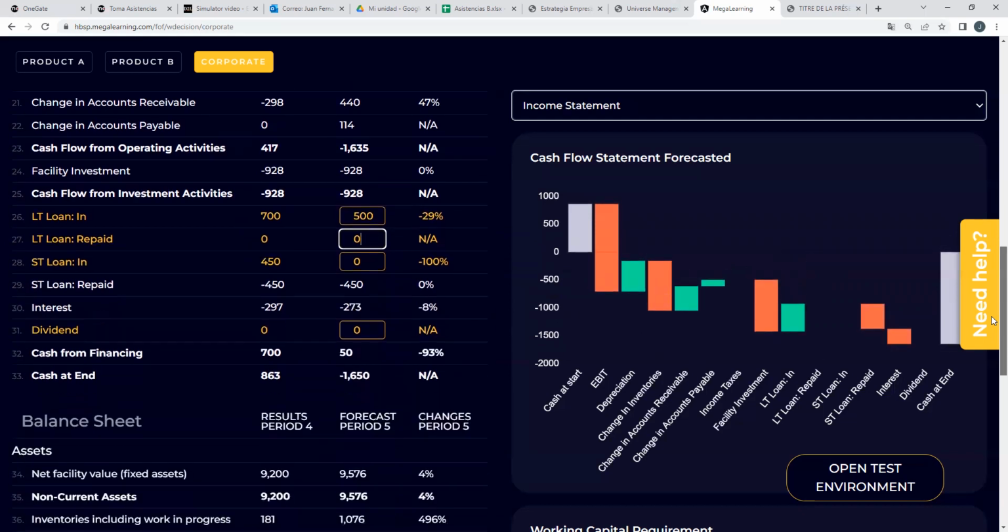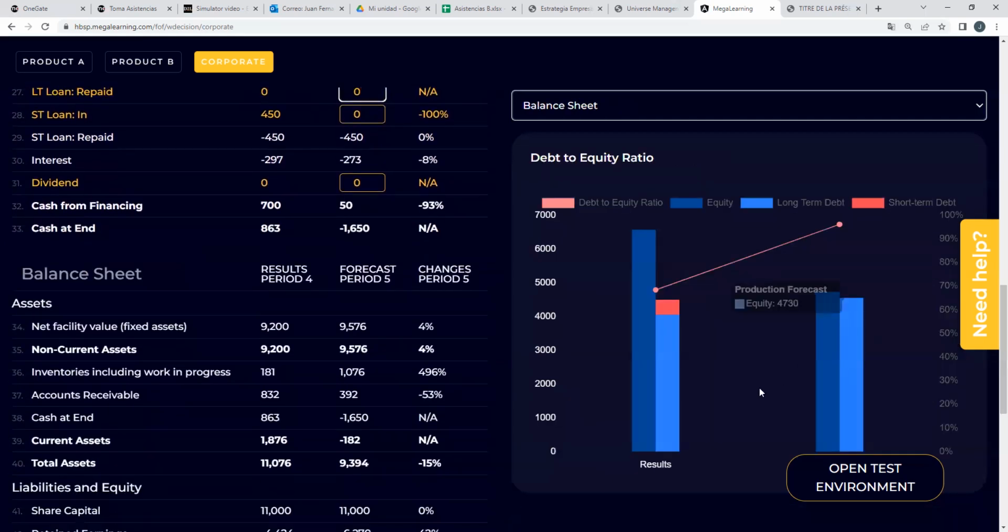But let's look at the debt to equity ratio here. So what I explained on the board is here in the graph. You have in dark blue the equity value. In the other blue, light blue, you have the long-term debt, plus the red one, the short-term debt.